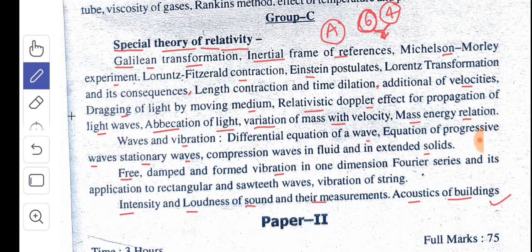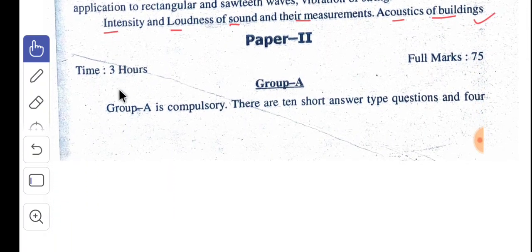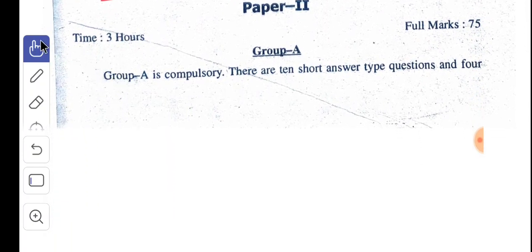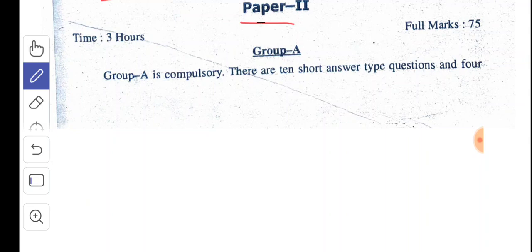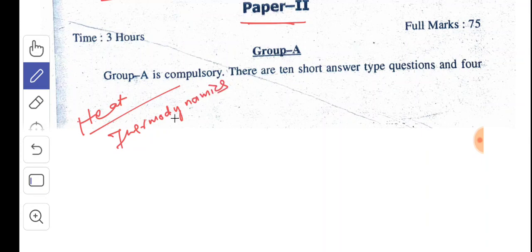Now we are going to see the syllabus for paper 2. In paper 2 mainly there is heat and thermodynamics.